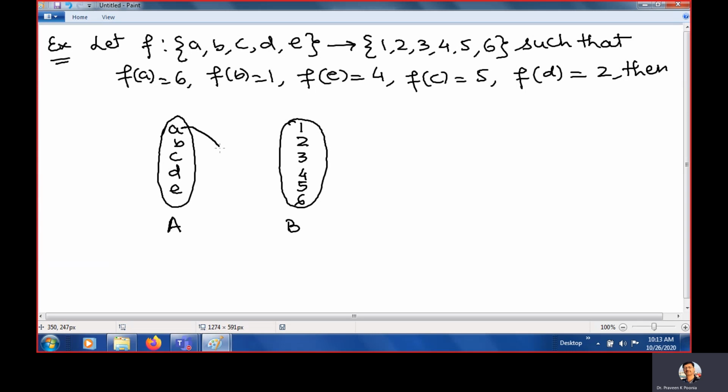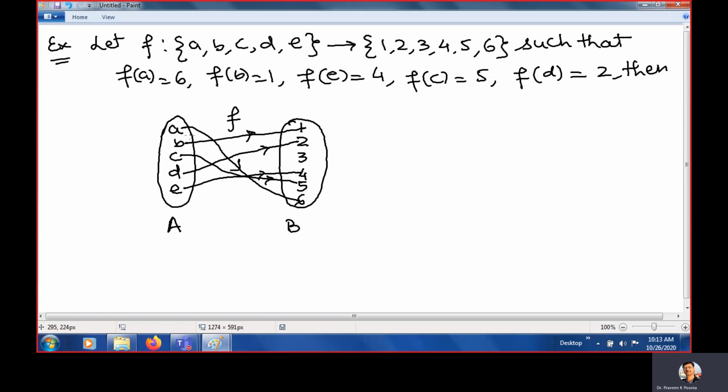Now A is connected with 6. Clear? B is connected with 1. E is connected with 4. C is connected with 5. And D is connected with 2. Clear? So what is it?